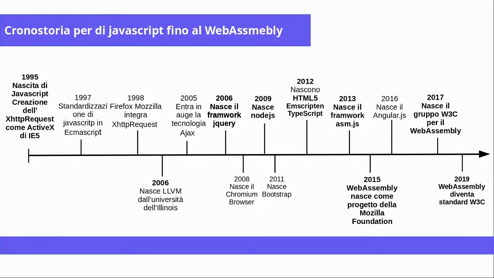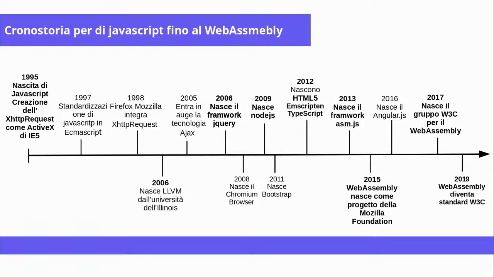It is a compiler, and with Emscripten you can compile C++ and C code into WebAssembly. In 2013, the framework asm.js was born, which can run Emscripten output. And with this, in 2015, WebAssembly was born as a Mozilla Foundation project.